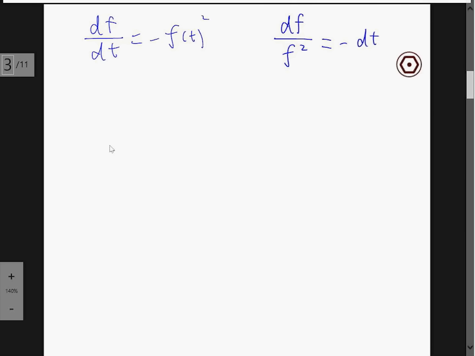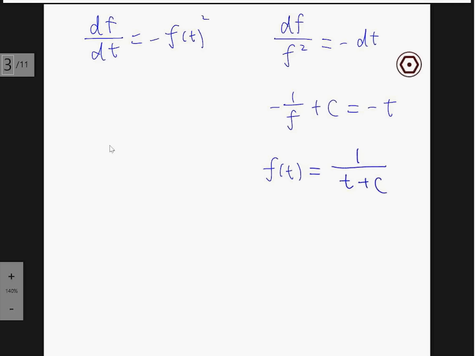Integrating both sides, on this side we get minus 1 over f plus an arbitrary constant equal to minus t. So f of t is going to be equal to 1 over t plus c, here it is actually plus t, right?